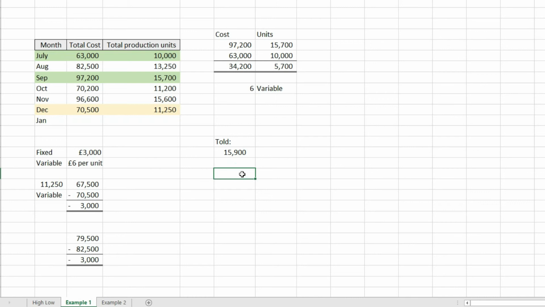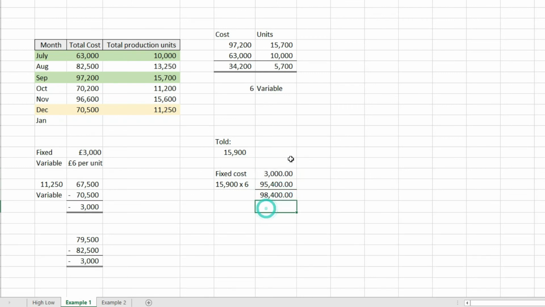What we're going to do is put our fixed cost here, which is £3,000, and then we're just going to take 15,900 times by 6, add them together, right, and we get the 98,400.